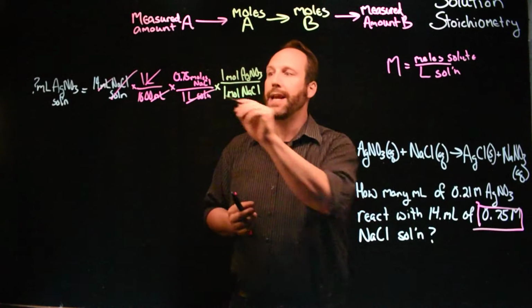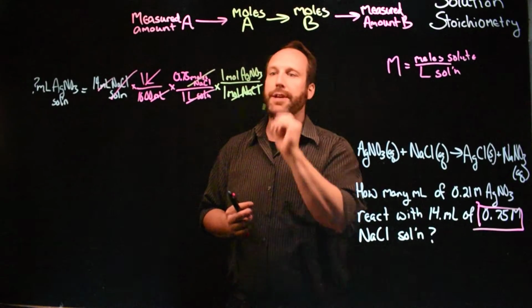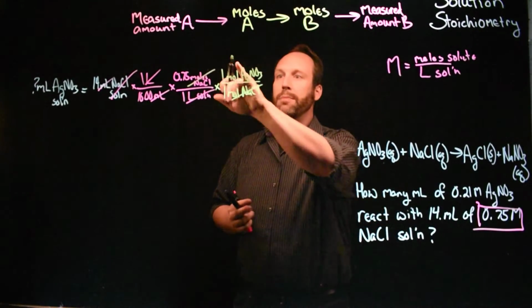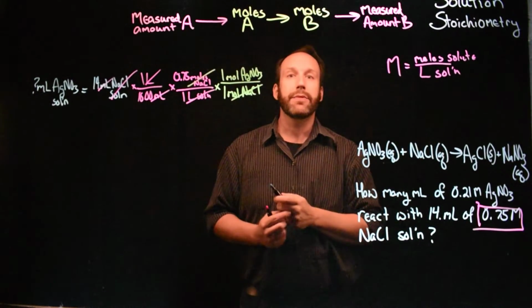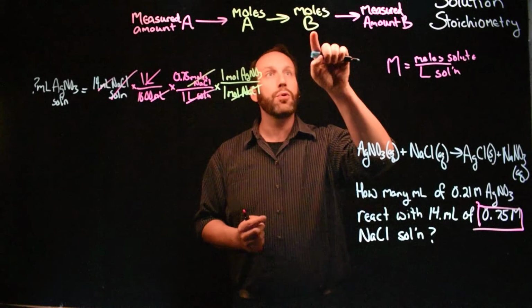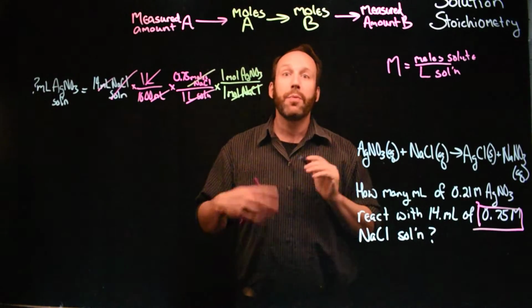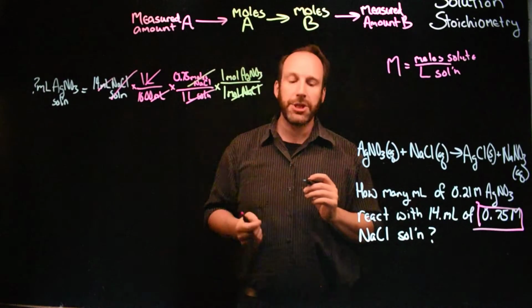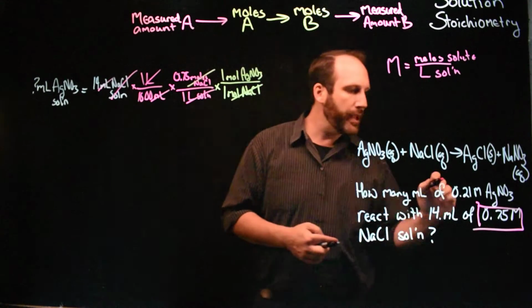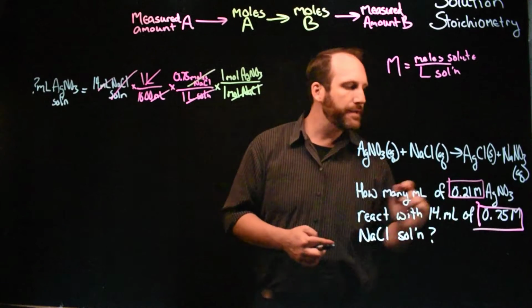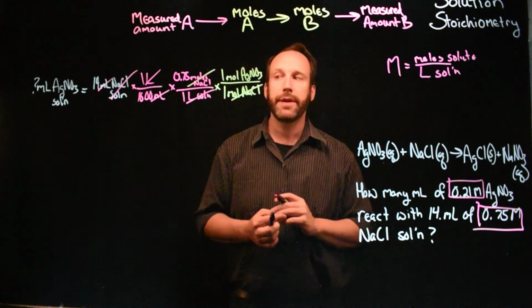Okay, so moles of NaCl in the numerator and in the denominator cancel. And now we're in moles of AgNO3, or moles of our B. Okay, and so now again, to get from moles of B to volume of B, we need the molarity of this AgNO3 solution. Well, we're given that. We're told that that solution has a molarity of 0.21, right?